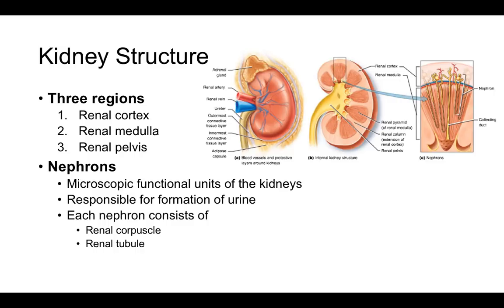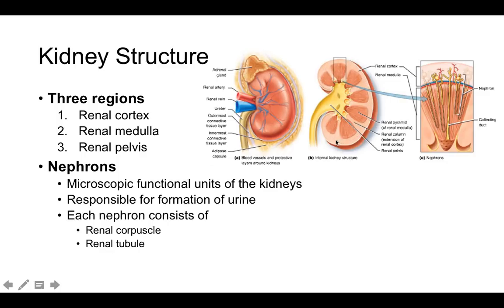So the kidney is the main structure that allows us to pull all of the waste from our blood and allows us to form urine. There are three regions. There is the cortex, the medulla, and the pelvis. Now, if you look over here, here is the cortex.